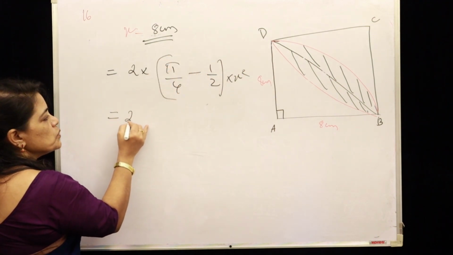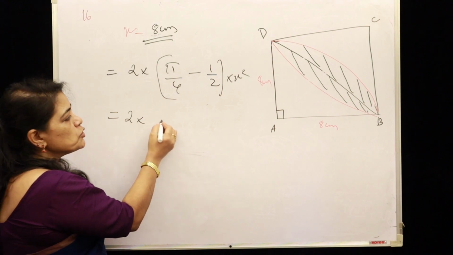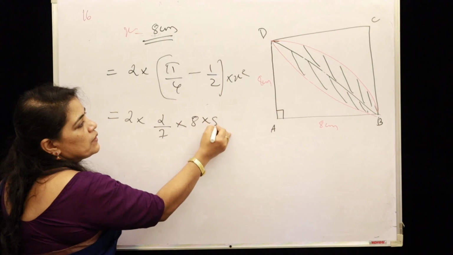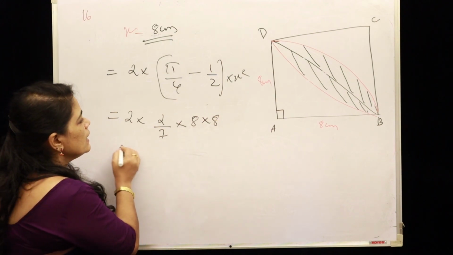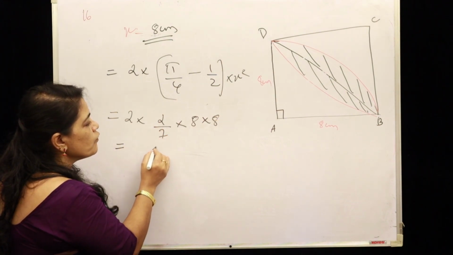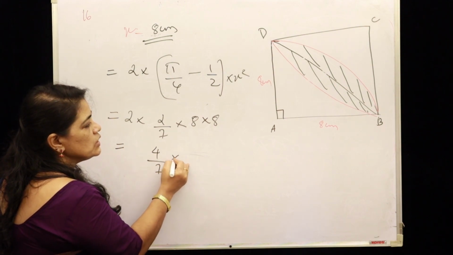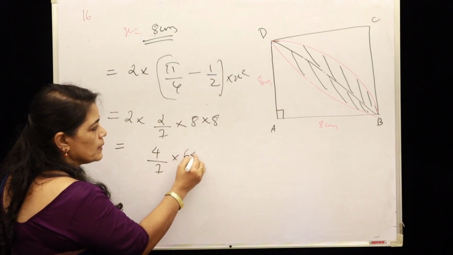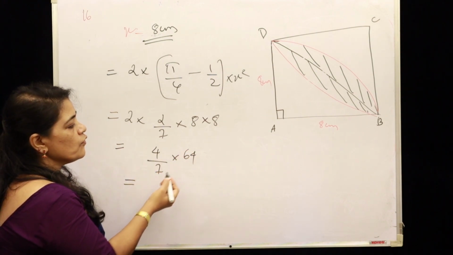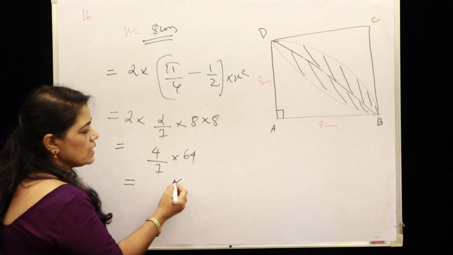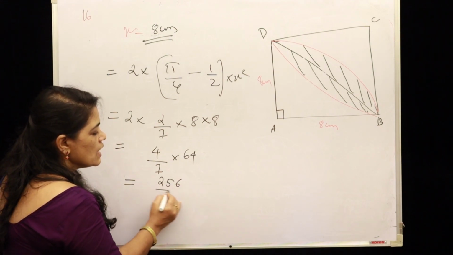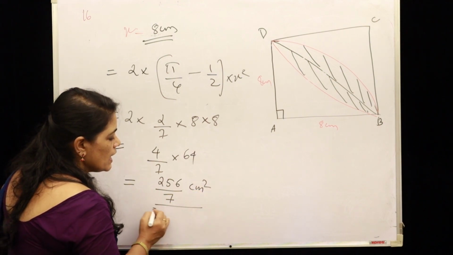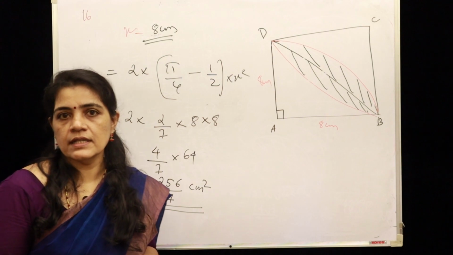Okay. That is 2 into, I told this will be 22 by 7 by 4 minus 1 by 2, and what is r square? 8 into 8. Okay. That means 2 2s are 4 by 7 into 64. That means 64 into 4, that is 256 by 7 centimeter square. This is the area of the design.